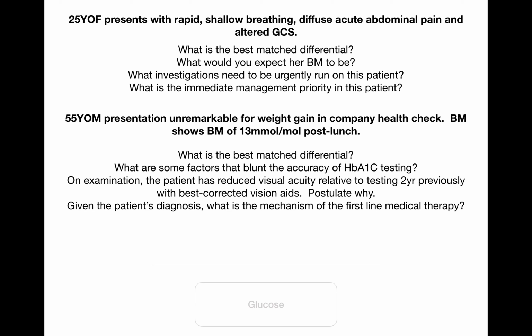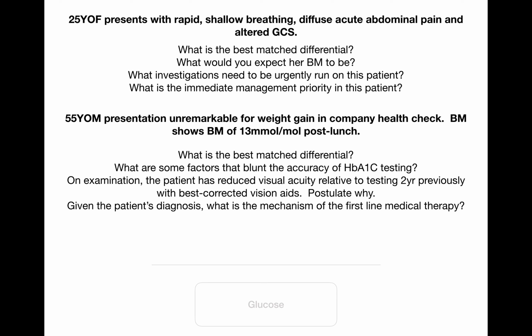So, 55-year-old male presenting unremarkably with weight gain in a company health check. So the BM shows a BM of 13 post-lunch. What is the best match differential? Pause the video. So this is indolent type 2.